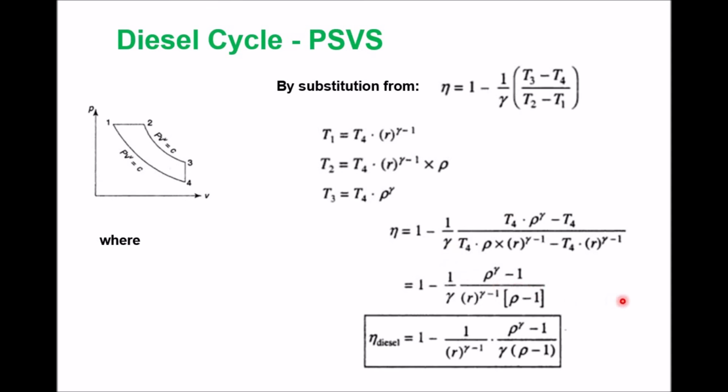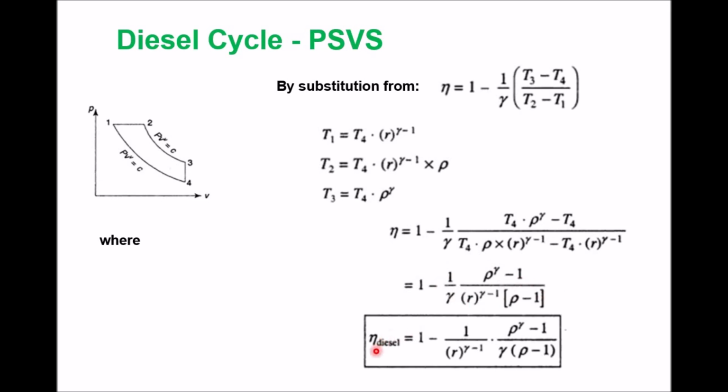It cancels out. So now we have the efficiency of diesel: 1 minus, you multiply this one to this one, 1 times rho raised to gamma minus 1 divided by r raised to gamma minus 1 times gamma times rho minus 1. I just rearranged the terms here.